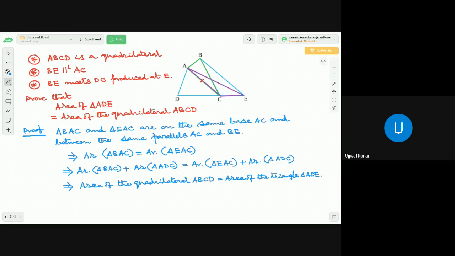What I wanted to mean is that you need full concentration on the figure, and try to understand how you can reach the area of the quadrilateral and the area of the triangle, the given quadrilateral and given triangle, and how we can get a very good hold of it by means of extensive practice, and extensive practice happens with discipline.